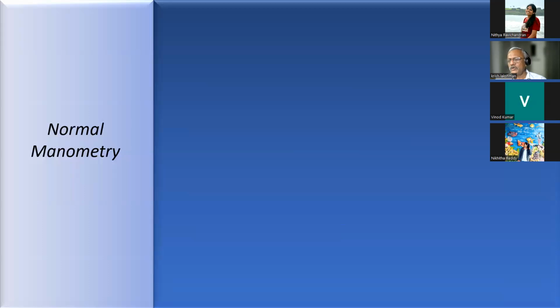Okay, so what does a normal manometry show? I'm not asking for pressure readings or the values, but what would you expect in a normal manometry? Let's ask the registrars. Nitya. Sir, there are certain parameters that we measure, sir. Yes.